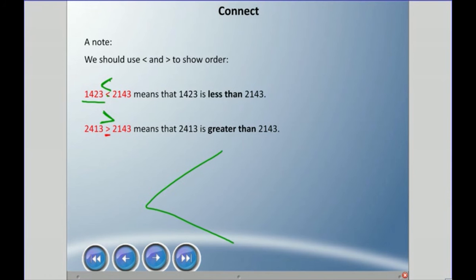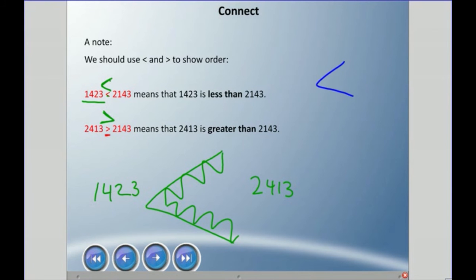As a kid, I'm sure some of your teachers have told you about this before. They always drew the teeth because we could say it's an alligator, and the alligator always eats the bigger number. Okay, so yeah, that helps. Or one teacher drew the sign with 1,423 on this side and whatever, 2, on the other, and then they would draw this bird, and they said birds eat less than alligators, so the beak of the bird is pointing towards the lower number.